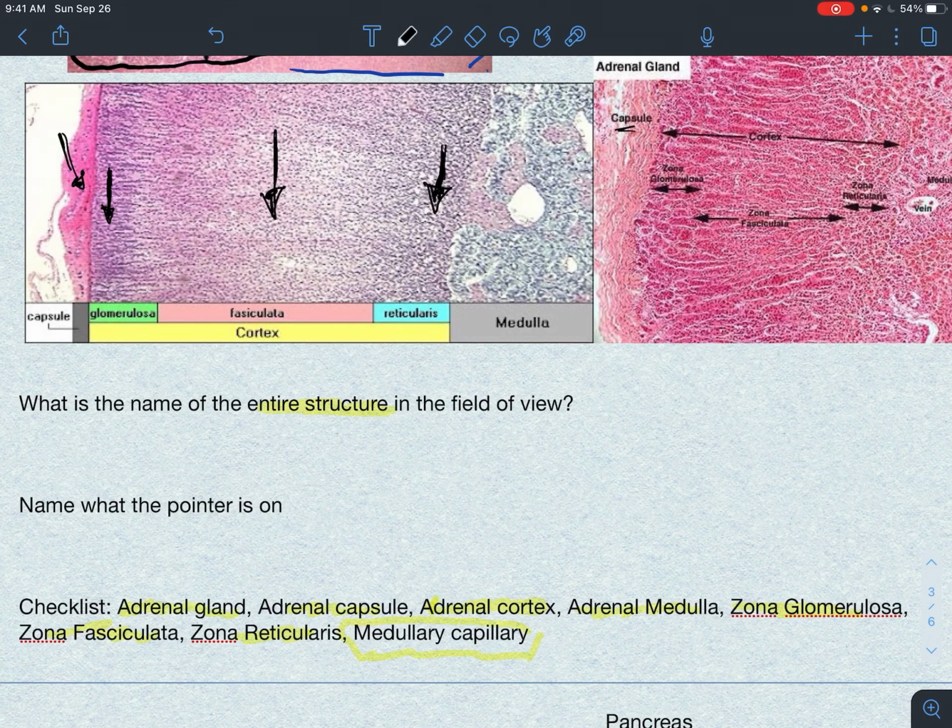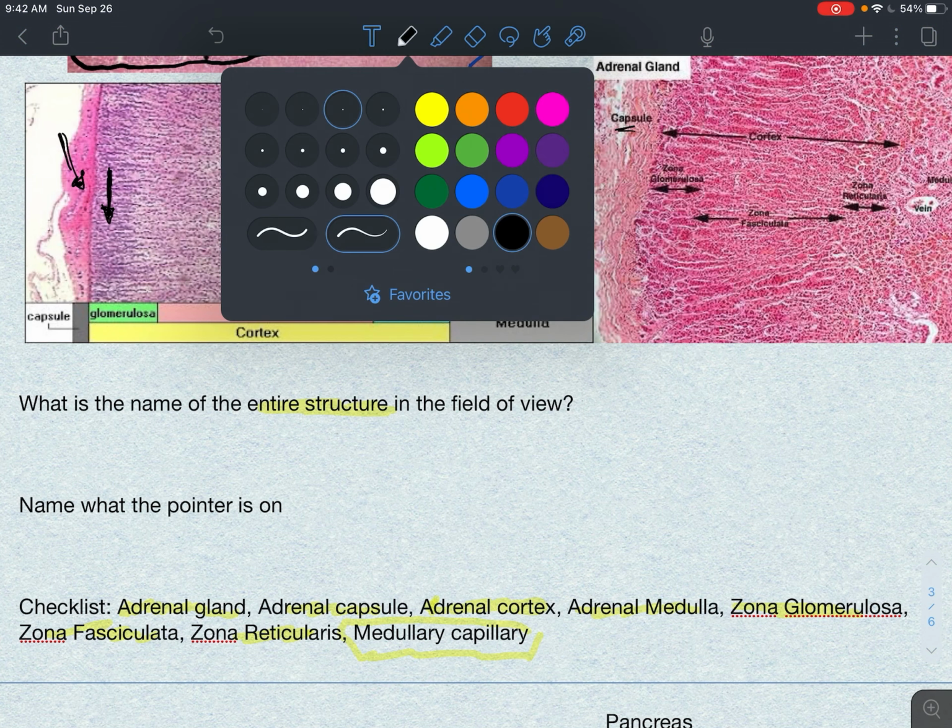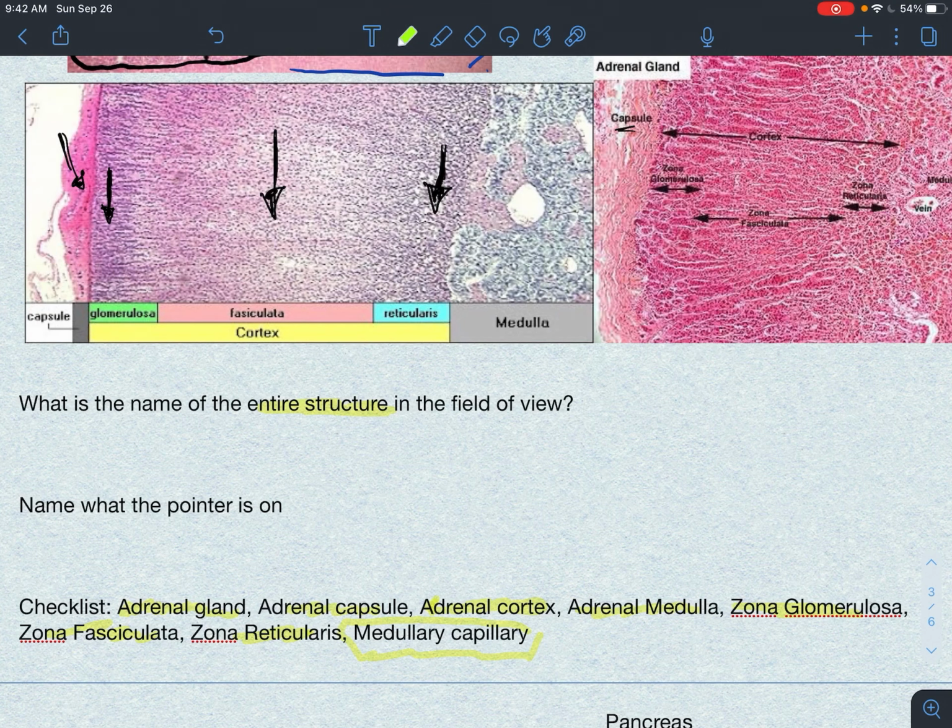So be careful here, right? Where is that? So I would say to be aware of where the medulla begins and the cortex ends. So let's go ahead and trace that a little bit for ourselves, right? Here is the border. Can you see that?